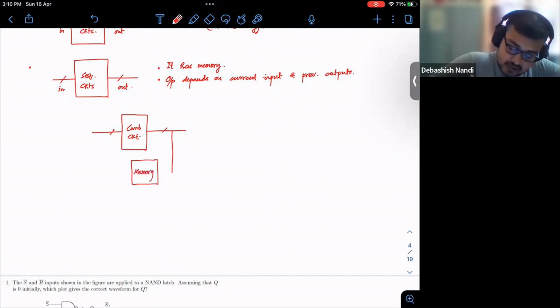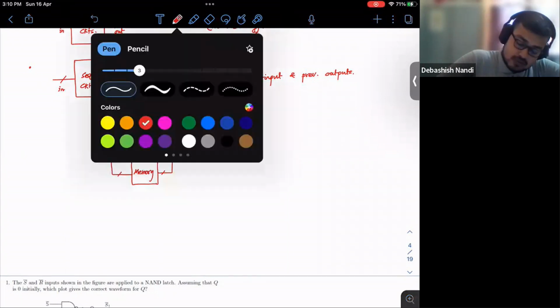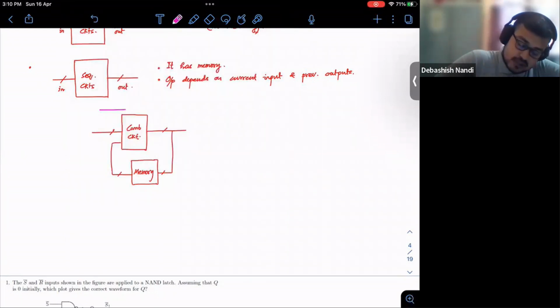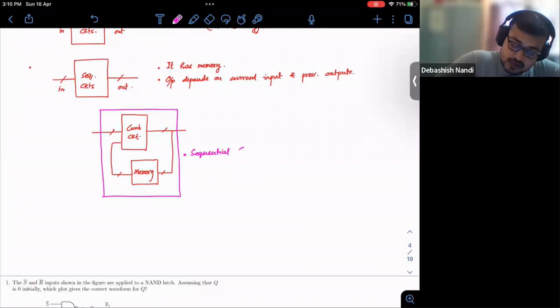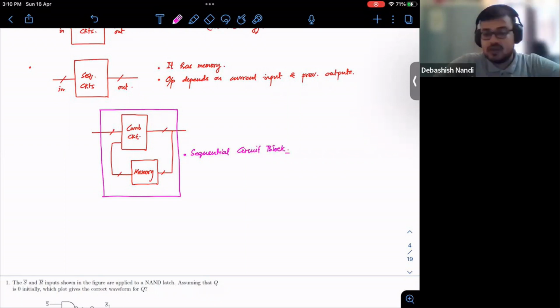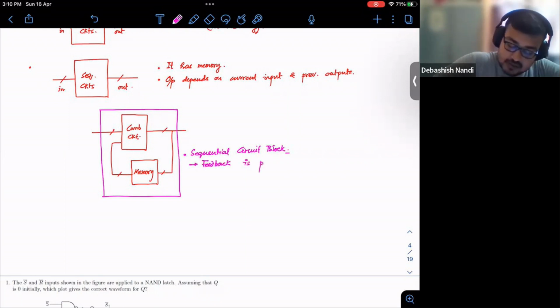This would then be your sequential circuit block. So you see, one of the key aspects is that feedback is present.